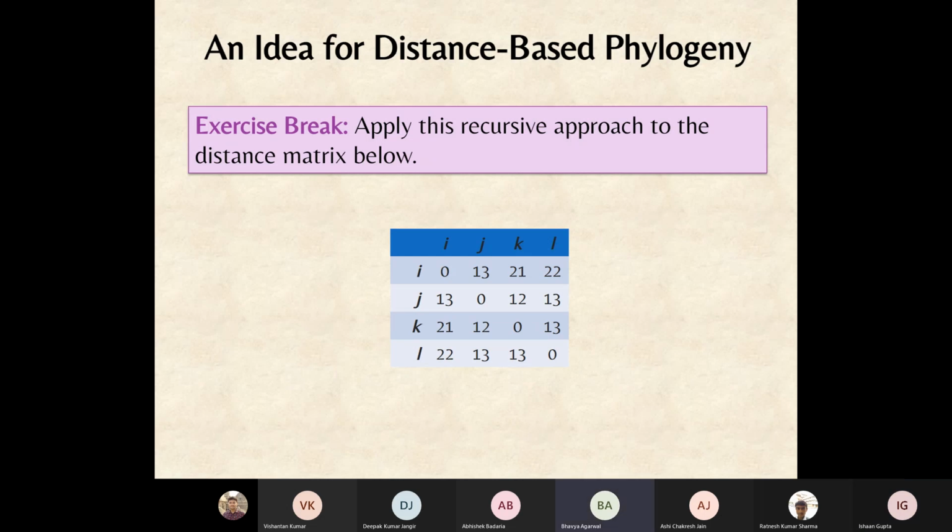Sir, is it not additive? It is additive. Anybody?